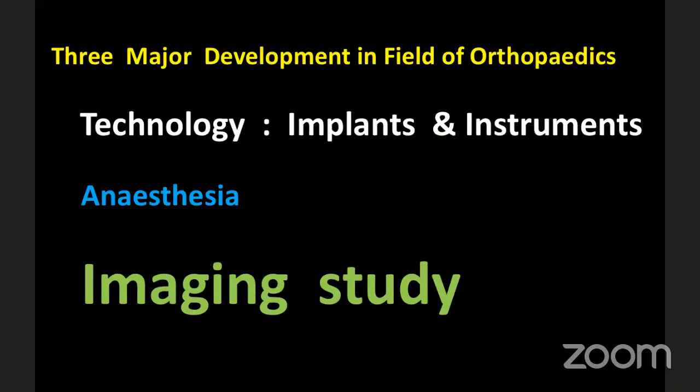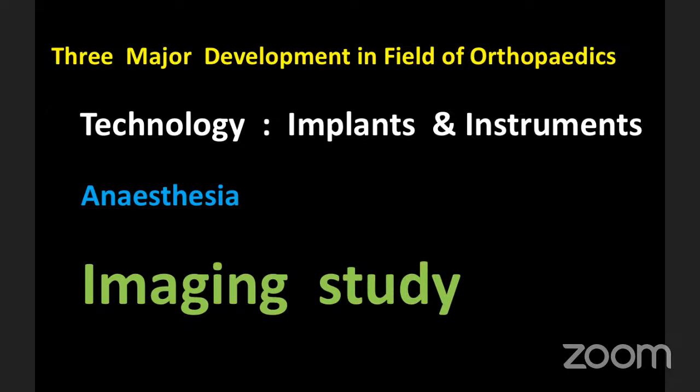One is technology, which has given new implants and new instruments, so we can fix any fracture with mini fragment screws, plates and locking plates. Second is anesthesia, which has changed things so that even a patient with 20% ejection fraction can be operated on, and everything can be operated under regional blocks in orthopedics. So we can do a lot of things which were not possible 30-40 years ago.